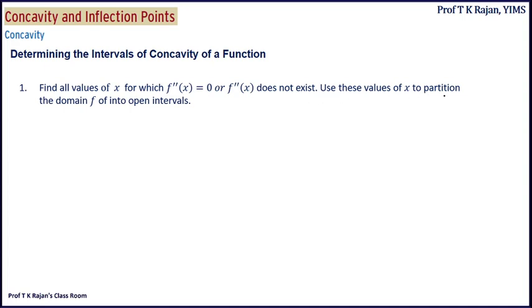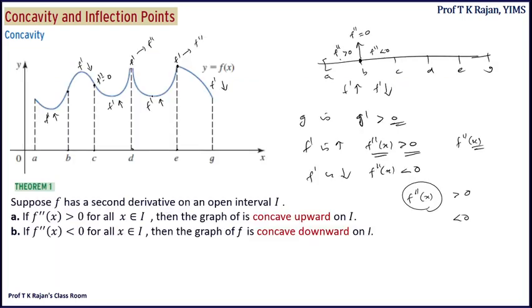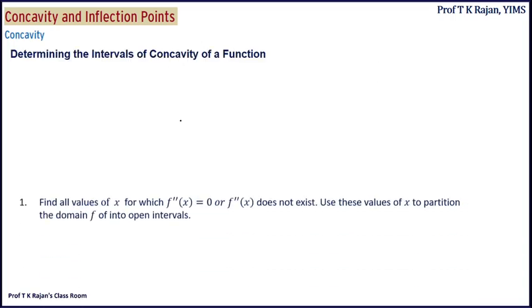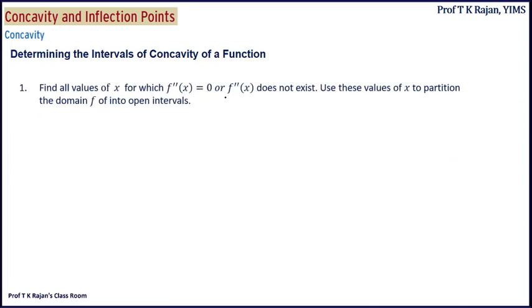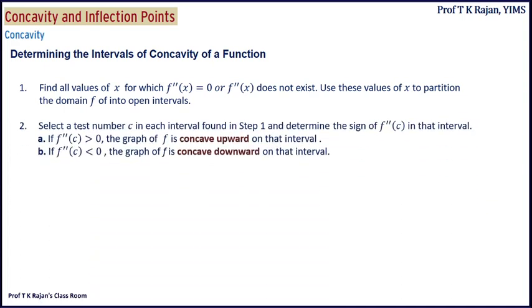Using these values of x, you partition the domain into subintervals as we did here: a, b, b, c, c, d, d, e, e, g, where b, c, d, e are points where the second derivative either equals 0 or does not exist. After that, you select a number c in each interval found in step 1 and determine the sign of f double dash c in that interval.